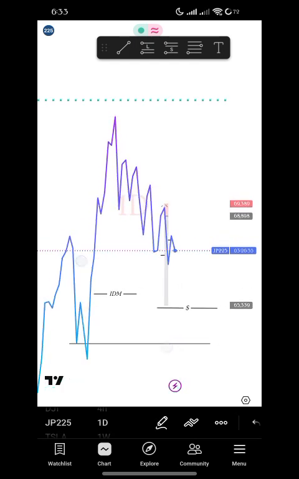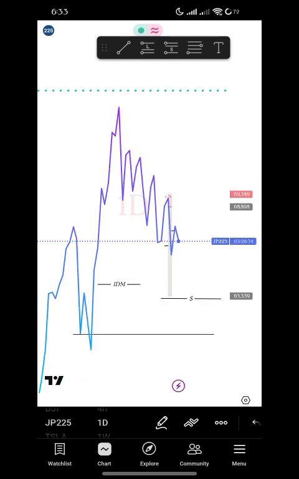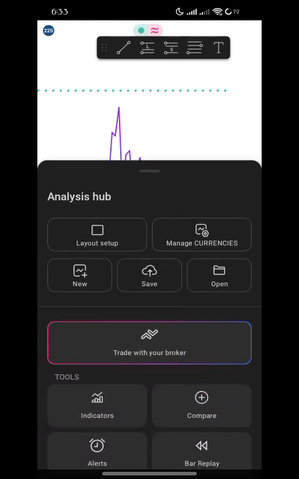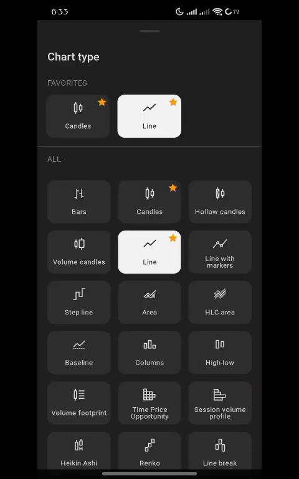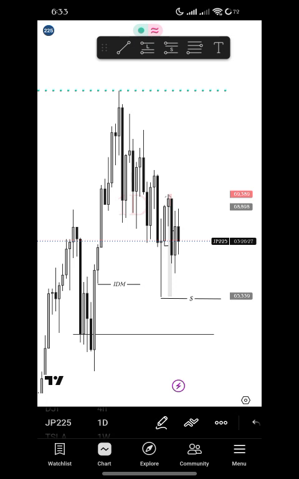It's very accurate. QM is what we all know, like the head and shoulder.